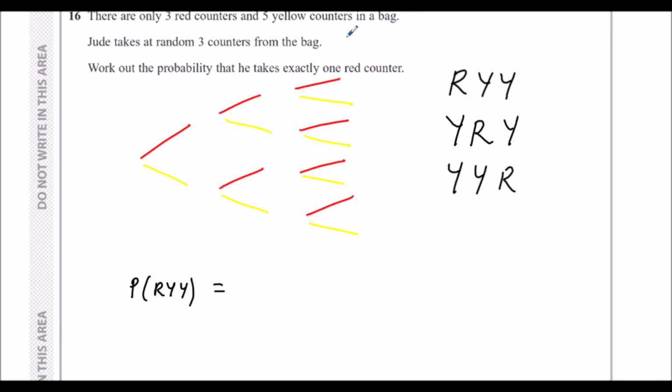The chance of getting a red is 3 out of 8 for the first pick. Then when we've taken a red out, there are now 2 reds and 5 yellows. So the chance of getting a yellow for the second pick will be 5 out of 7, because 1 red counter has gone. Then for our third pick, we've now taken out a red and a yellow already. So the chance of getting a yellow, there are now 4 yellows out of 6 in total.